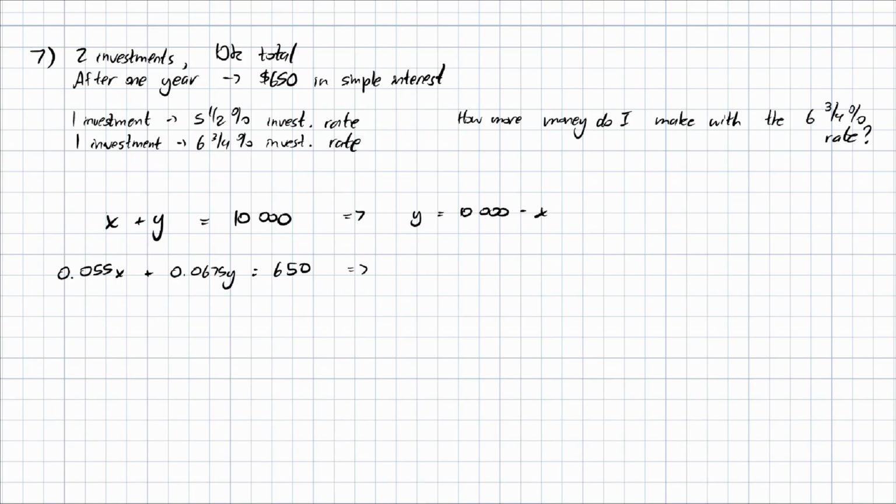So 1, 2, 3, 4, right? 550x plus 675y equals 650 and 1, 2, 3, 4. So let me rewrite that since I know how many zeros I have. This is 6,500,000. Right? And I can plug in here, right?